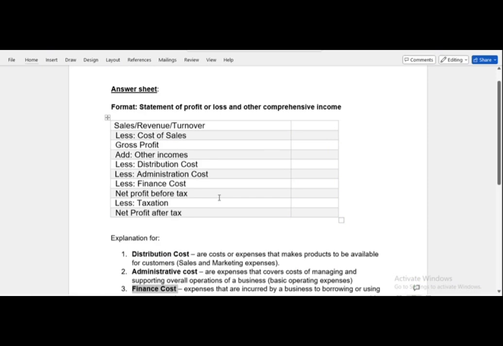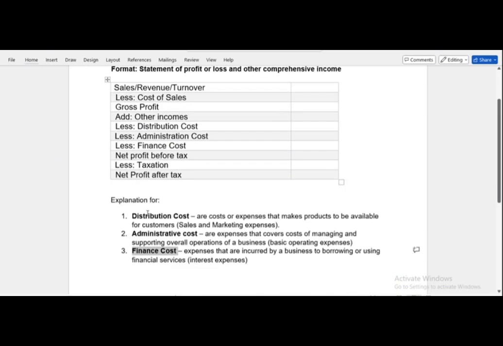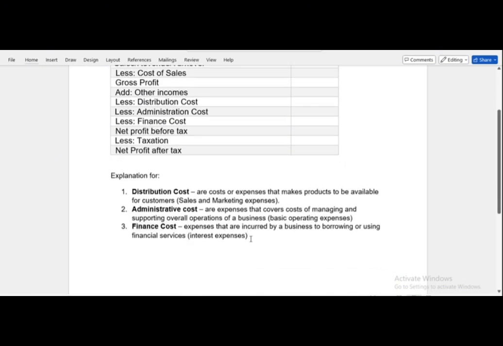Yes, I know maybe when you are writing a test, you don't have to include these layers, add, and all of that, but it's better to understand how the format goes so that you can be able to maneuver around, right? I hope these explanations will give you a better insight and understanding about distribution cost, administrative cost, and finance cost.